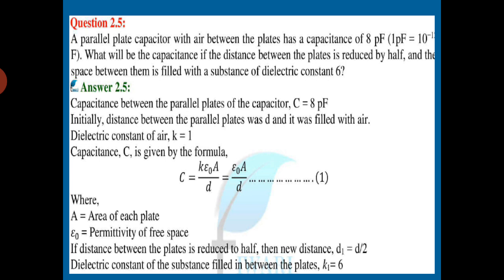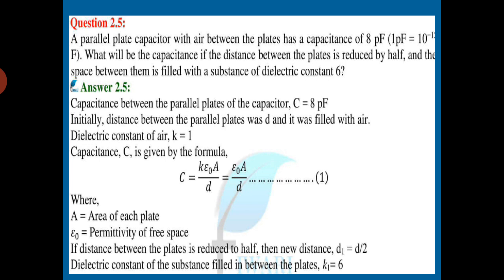Epsilon naught A by d. As there is air, if we consider a medium, we can put K epsilon naught A by d. For air, K comes out to be 1. Finally, the relation is again the same, that is epsilon naught A by d. What is A here? Area of the plates. Epsilon naught, the absolute permittivity of free space. d, the distance between the two plates.